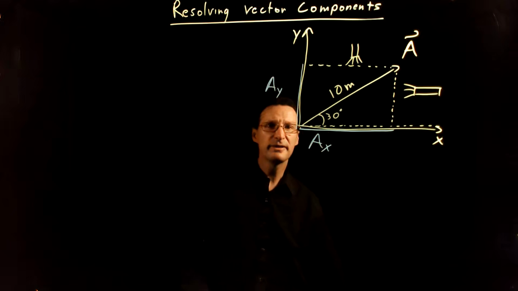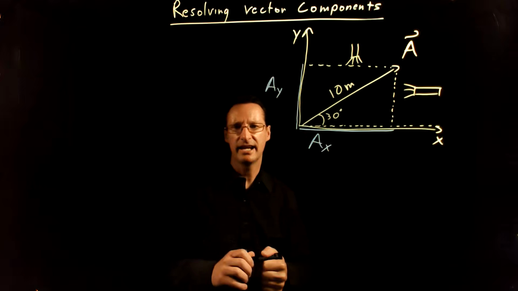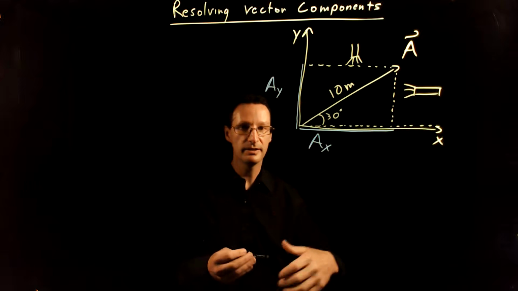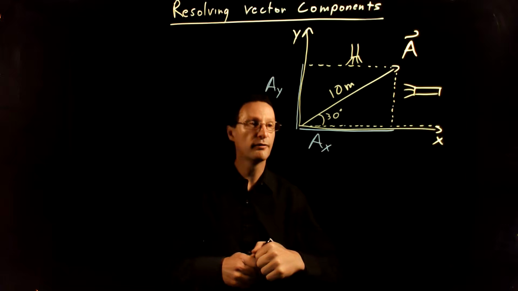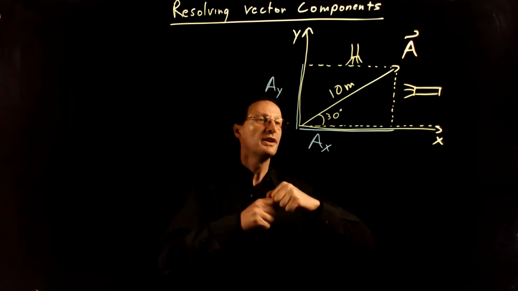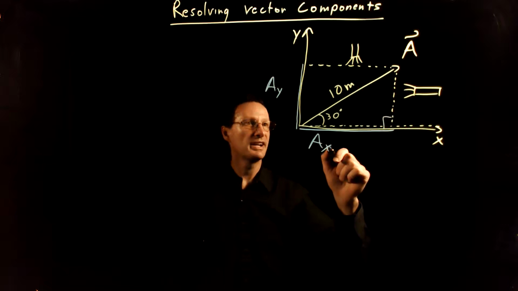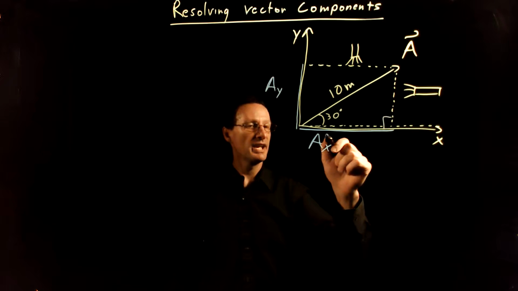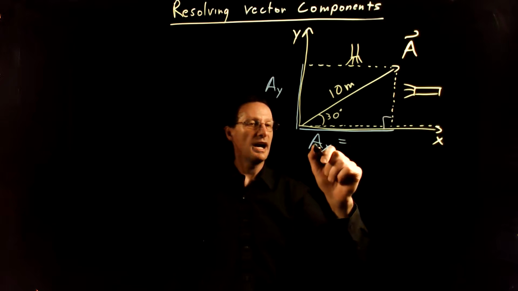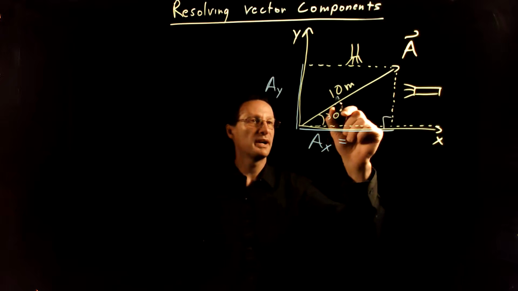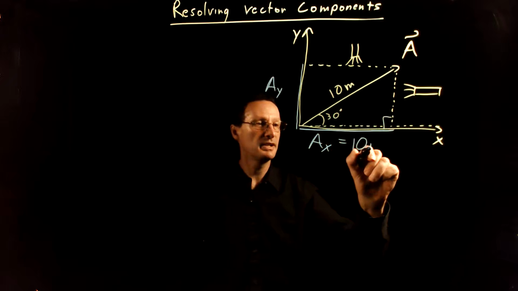Okay. To actually find the values of Ax and Ay, I just need to use the things I know from trigonometry and right triangles. So you notice that these, when they cast a shadow, they make a right triangle here. And so I can compute the value of Ax by taking the hypotenuse here, that's 10 meters.